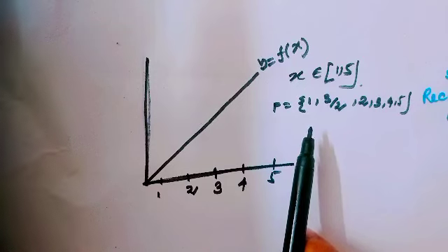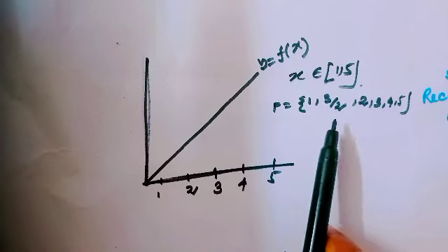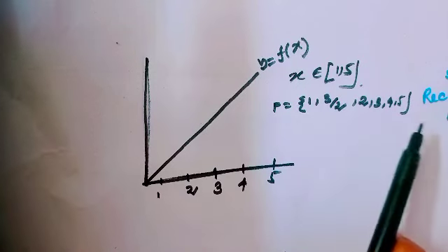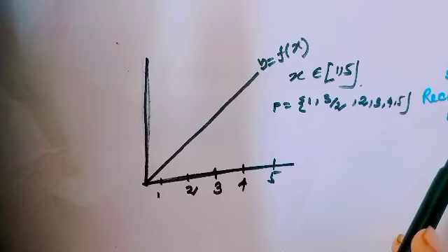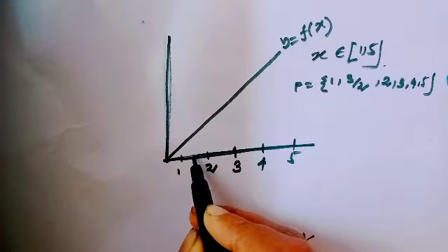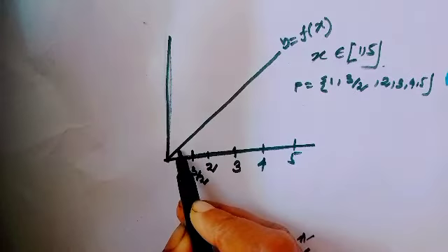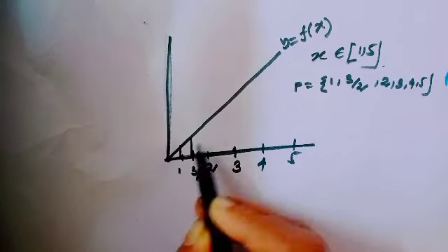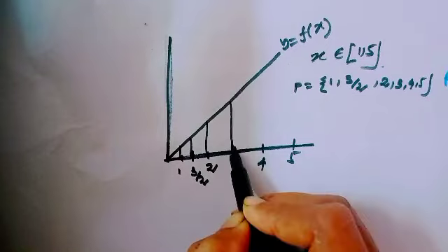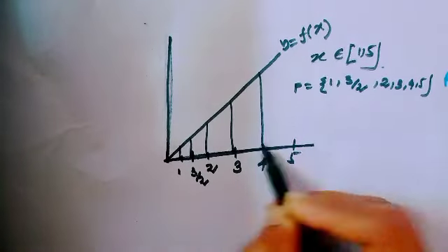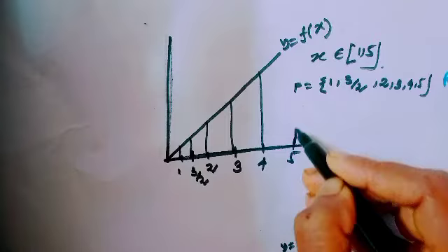This is P equal to {1, 3/2, 2, 3, 4, 5}. Okay. That means here also 3/2. That means this picture would be of such type, with vertical lines meeting the graph y equal to x.